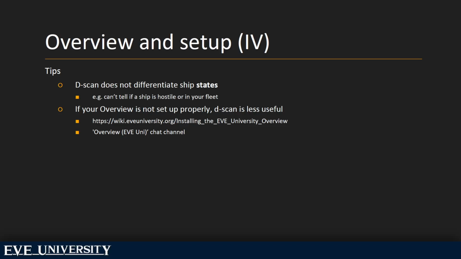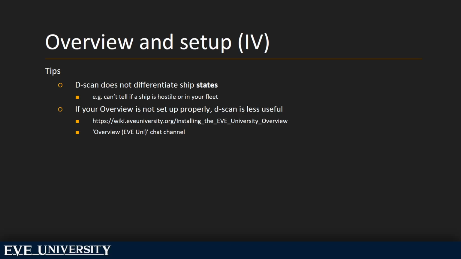And as I said several times, it's important to set up the overview properly, because if it's not set up properly, then the D-scan will either miss some important information, which is automatically filtered out by the overview, or otherwise will show you a bunch of junk that will be difficult to analyze and interpret.